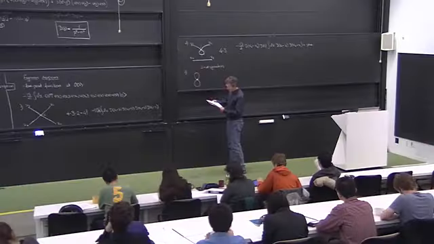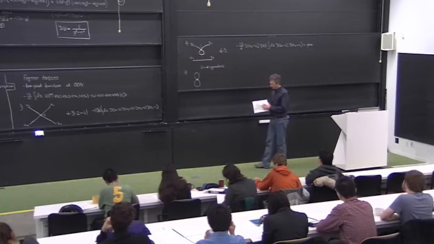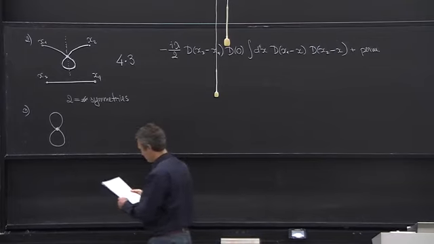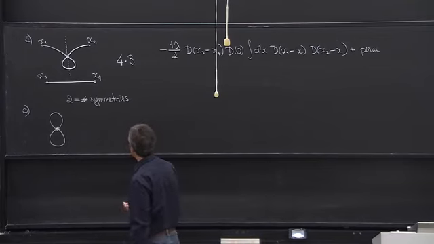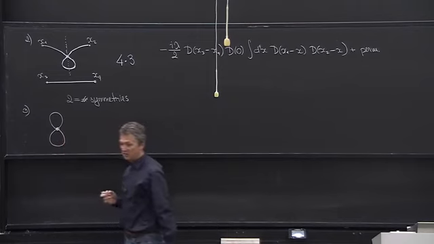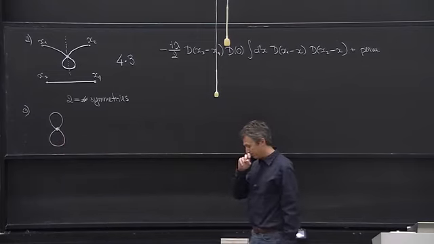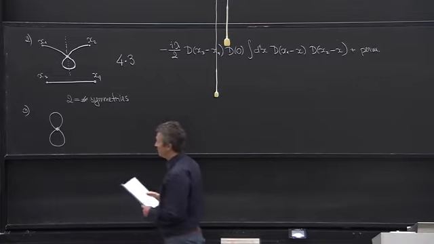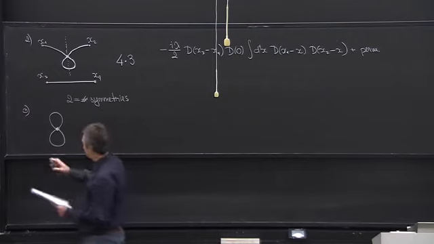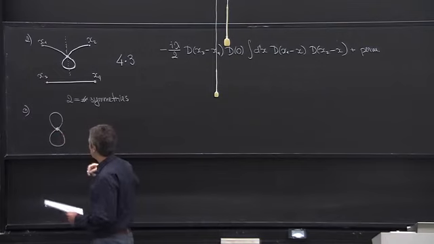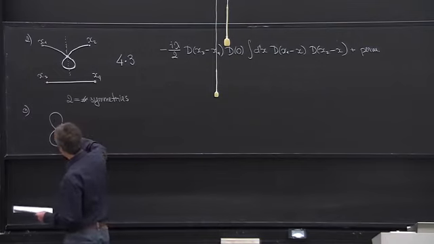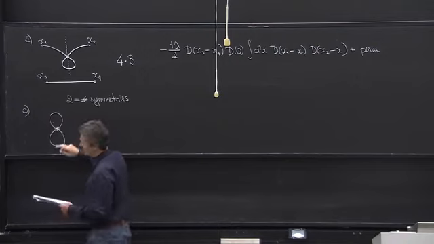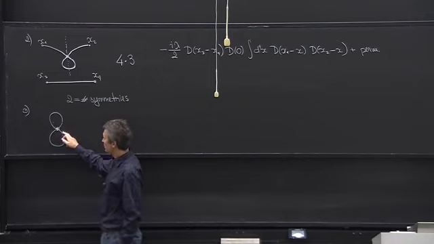So then this diagram, well, let's count how many combinatorial ways. So how many Wick contractions lead to this topology? And so let's see. If we start with this line, then it has 4 possibilities.